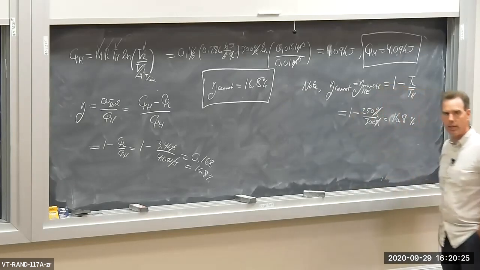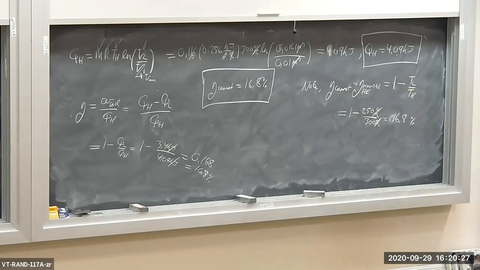Same efficiency, to within a certain level of precision. There's a lot of rounding when we do the more complicated calculation. So the efficiency for a reversible heat engine, 1 minus TL over TH, gives us the same efficiency as if we actually went through the entire calculation by hand.